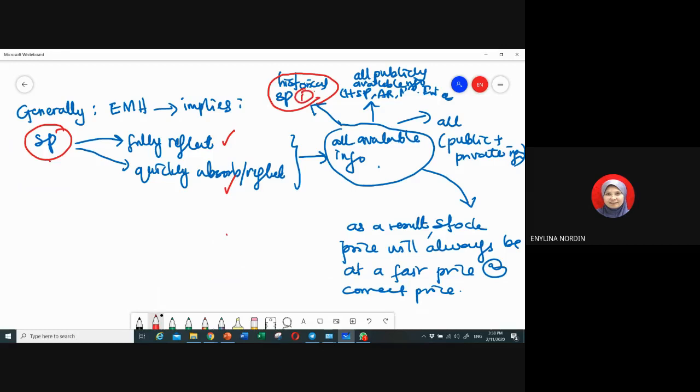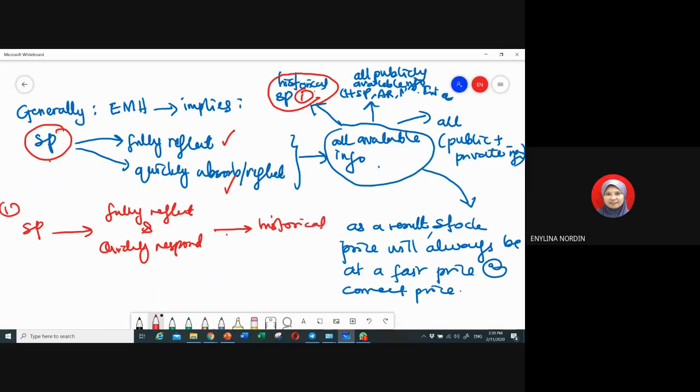That means the stock's price, number one, fully reflects and quickly responds to available information, and let's say that available information is the historical stock price.